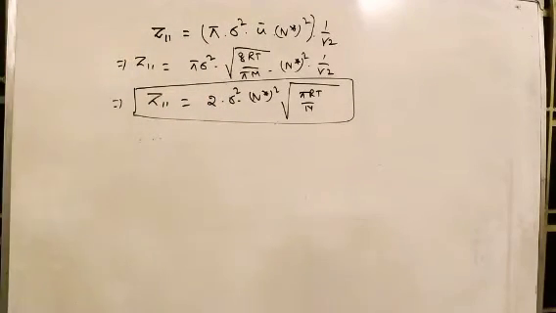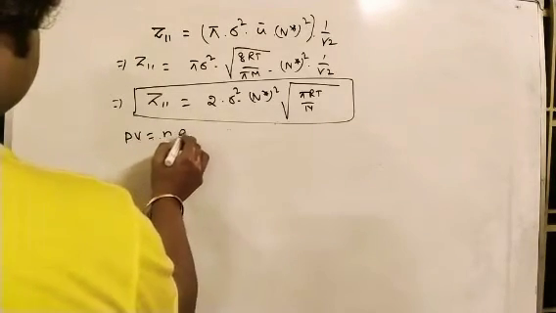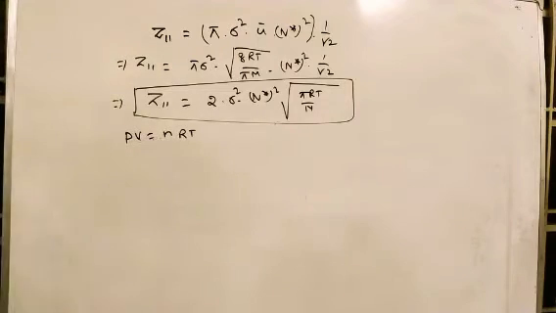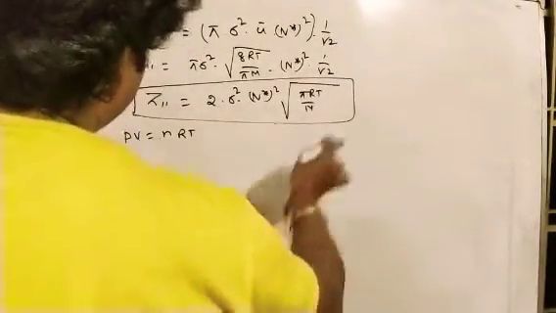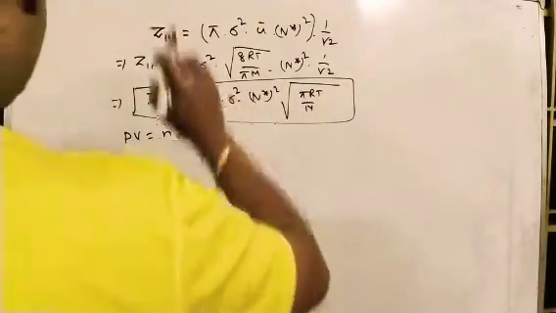Now understand, a very simple concept, that we know PV equals nRT. What is PV? Pressure multiplied by volume of the gas is equal to nRT. So far we are constantly talking about n star. What is n star? N star is the number of molecules per unit volume.